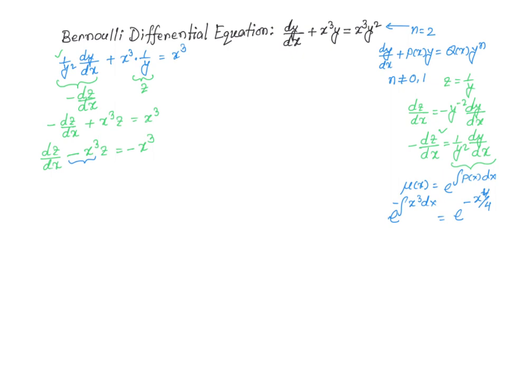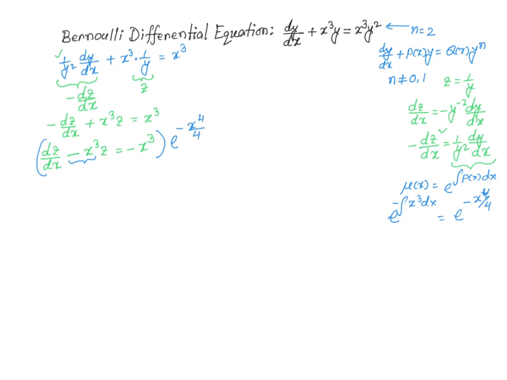Now I'm going to multiply both sides of this equation by e to the power negative x to the power 4 over 4.